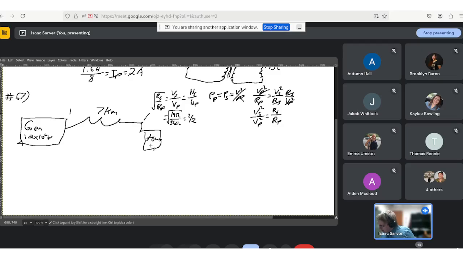Each of the 2 wires that comprise the transmission line has a resistance per kilometer of 5 times 10 to the minus 2 ohms per kilometer. So resistance per length is 5 times 10 to the minus 2 ohms per kilometer.